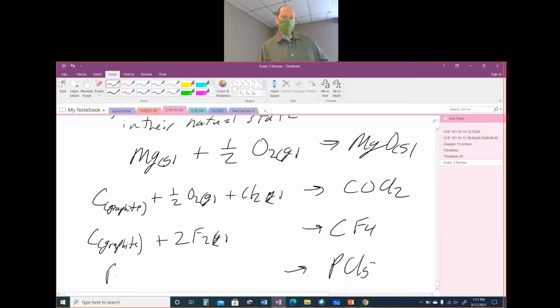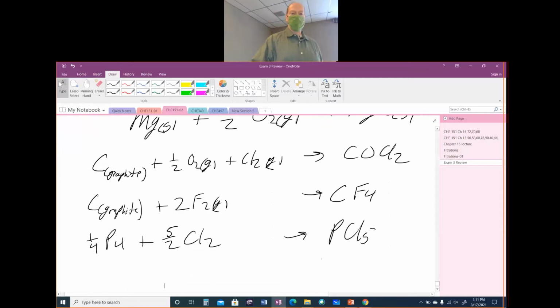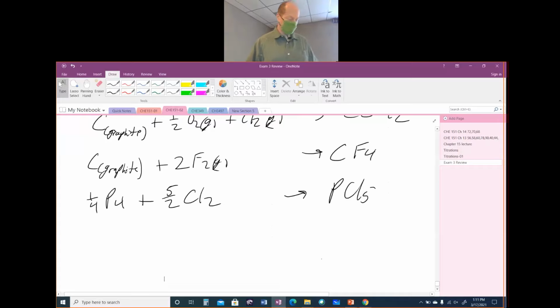All right, so this is 1/4 of P4 plus we have Cl2. In order to get 5 Cls, that is 5 halves. All right, so that will give us 1 phosphorus and 5 Cls from elements in their natural state.